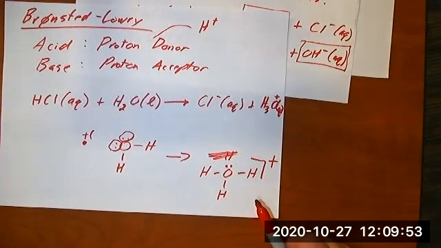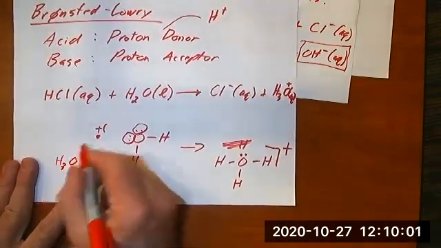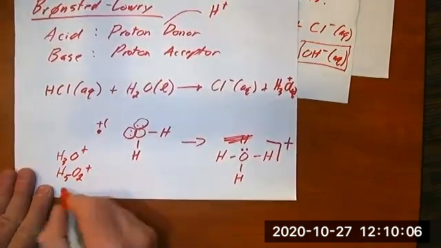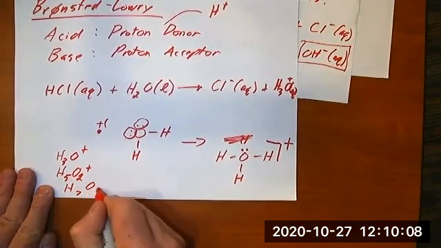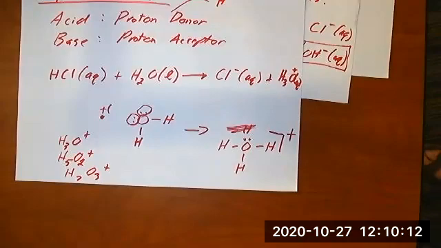Even that, however, is a bit of an approximation because this molecule will then associate with other waters. So it could be H3O plus, it could be H5O2 plus, it could be H7O3 plus, and so on, depending on how many of them are tied together in this complex that is formed.